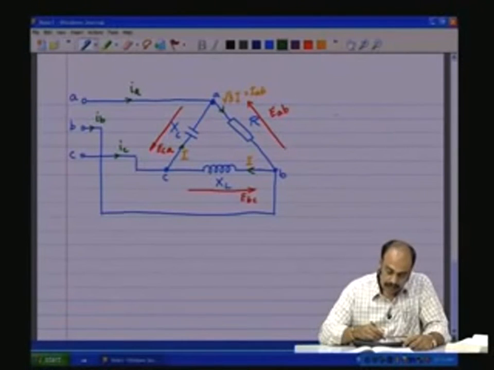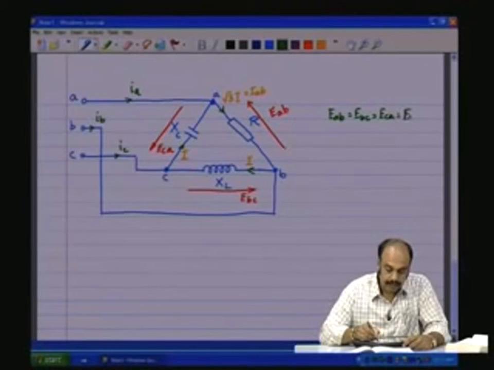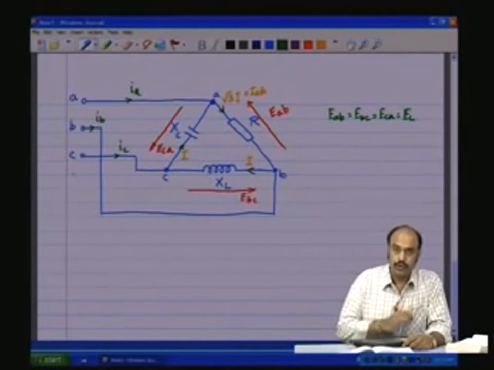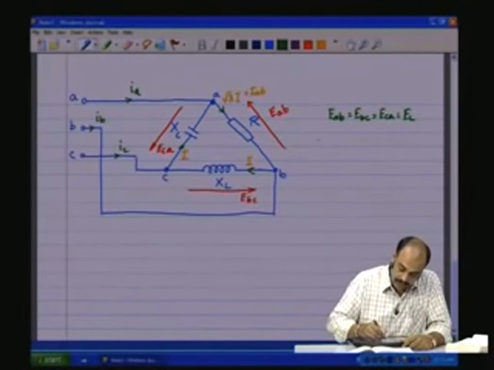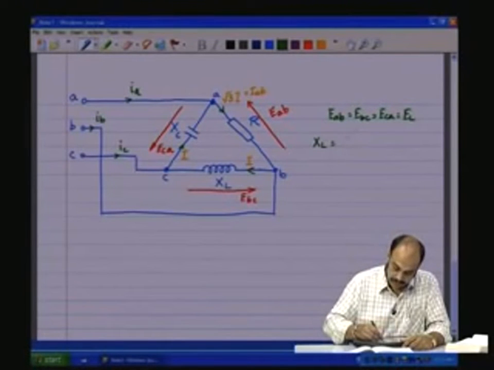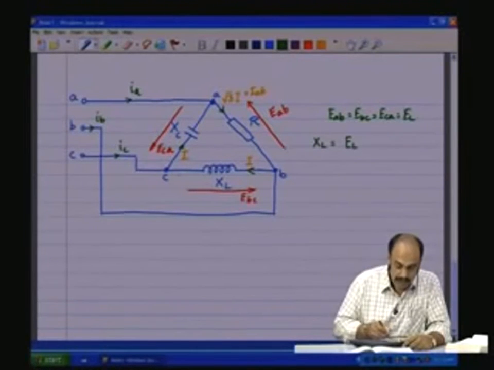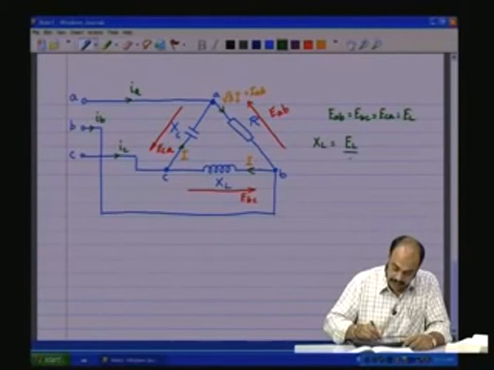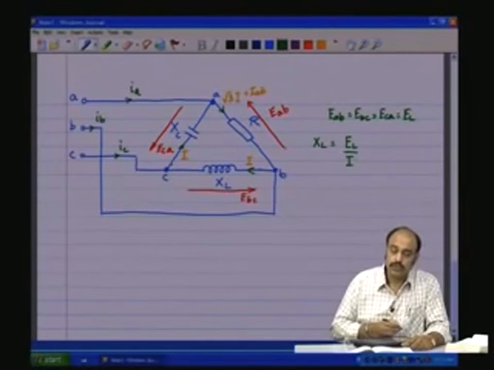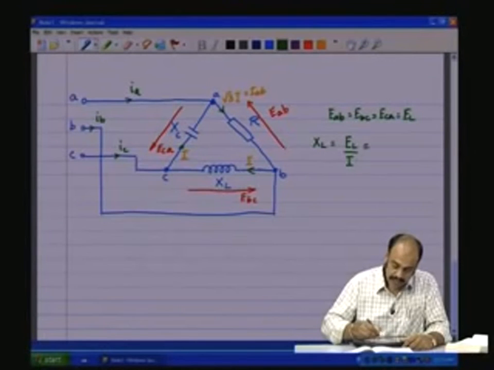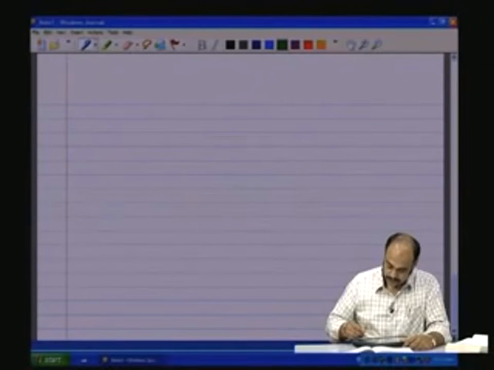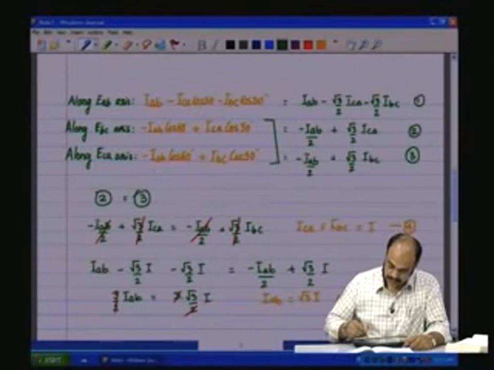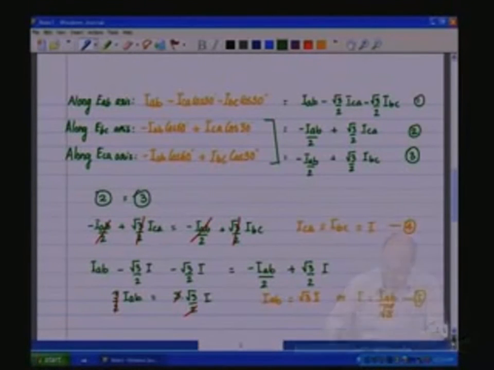Now, the effective values E_AB is equal to E_BC is equal to E_CA is equal to E line for a balanced source which is applied, and therefore, XL is E line, the voltage across the inductor, divided by I, the current which is supposed to go through that. Now, I is nothing but I_AB by root 3.